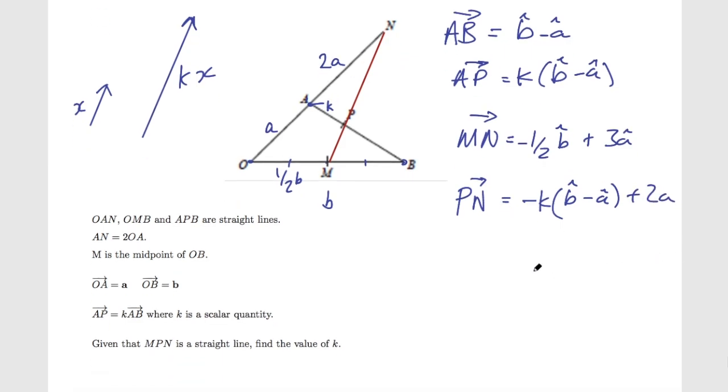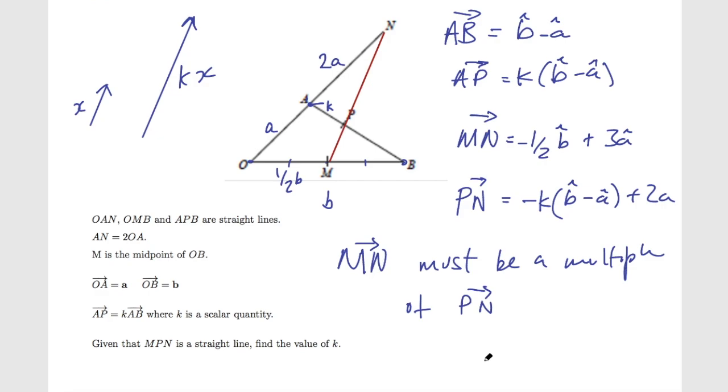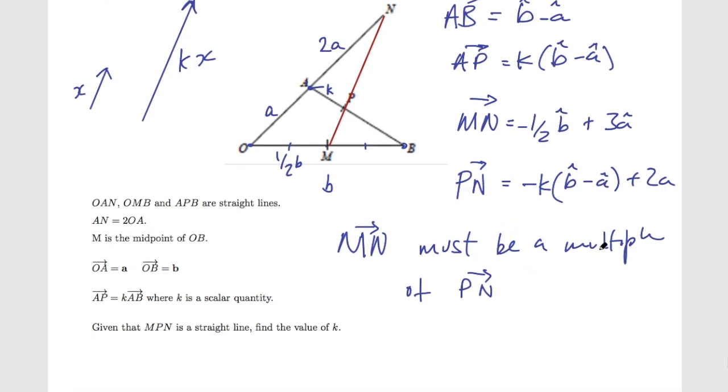Okay, so now we have two vectors which we can relate to each other based on the fact that they're on a straight line. So MN must be a multiple of PN as they're on a straight line.